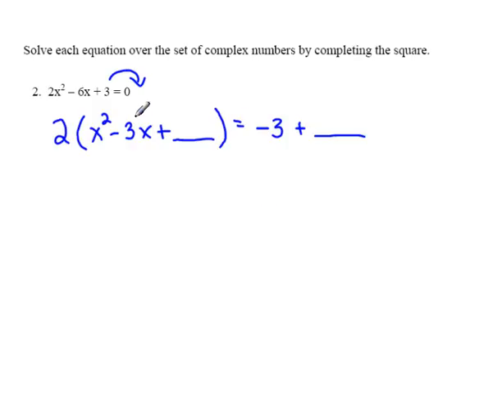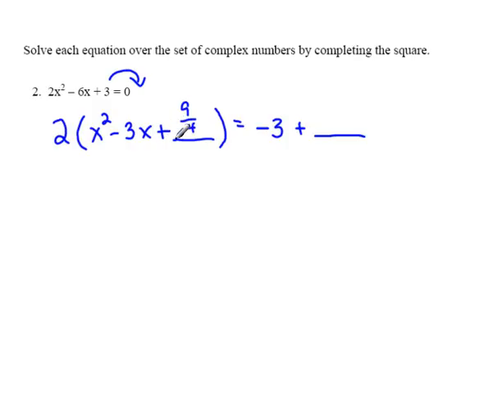That is, you take half of 3. When this number is odd, you just put it over 2, so 3 over 2, and then square that. So 3 over 2 squared would be 9 over 4. We don't really have to deal with the negative when we're completing the square part, because recall that if I take half of negative 3, I'll get negative 3 over 2, but anytime I square any number, I'm going to get a positive.